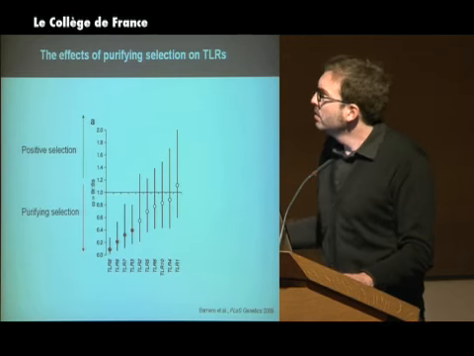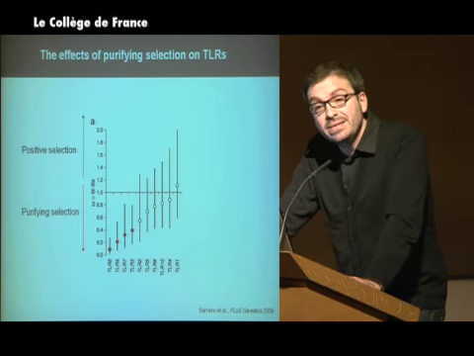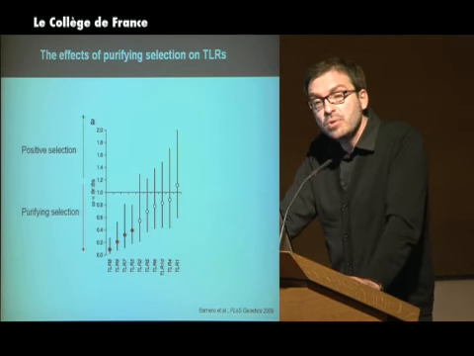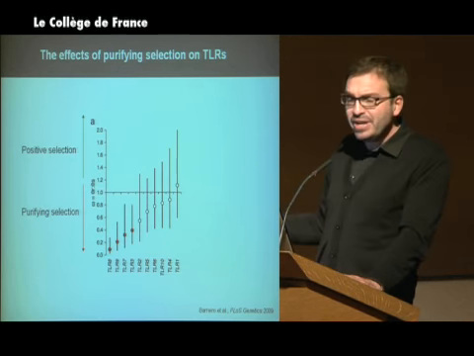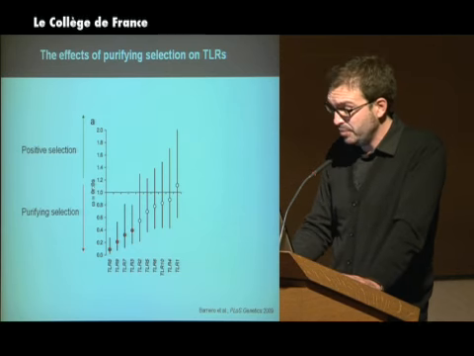What does it mean? Toll-like receptors 3, 7, 8, and 9 are under a strong purifying selection, which means that these 4 toll-like receptors cannot accumulate mutations at the population level that change the amino acid sequence. Whereas there's a certain freedom for the other toll-like receptors to accumulate mutations that will change the protein.